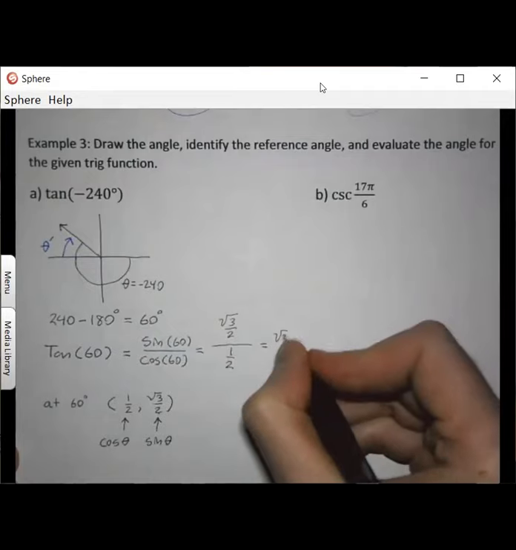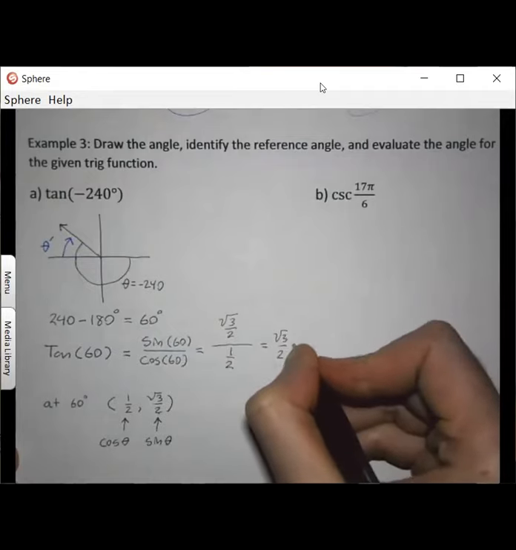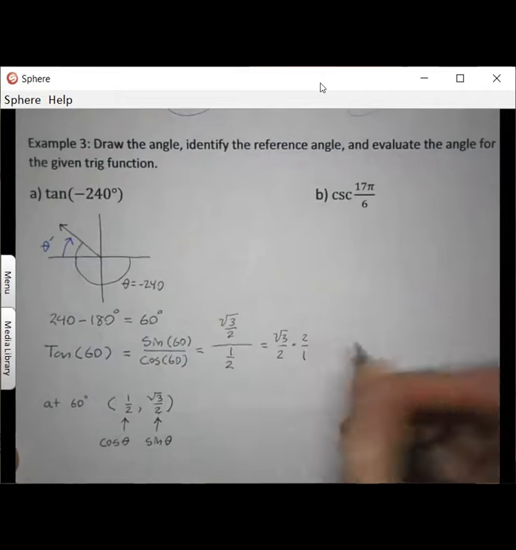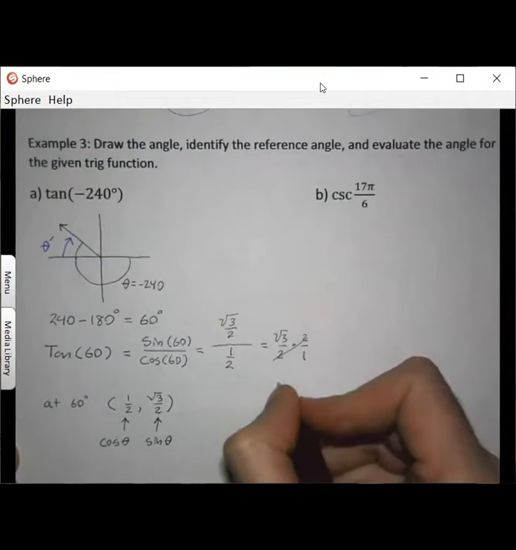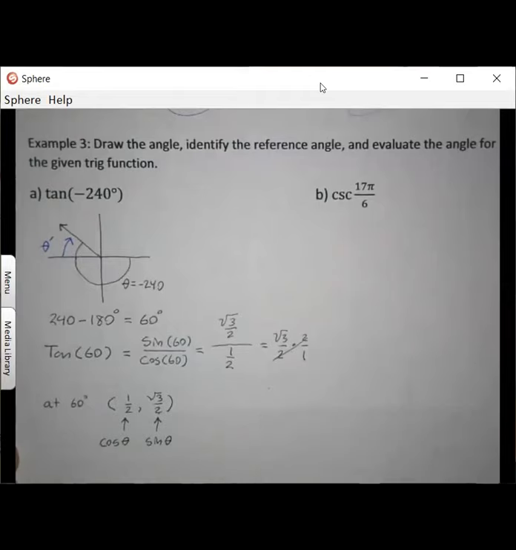So stay, change to multiply, flip. I'm left with root 3 over 1, or just root 3.